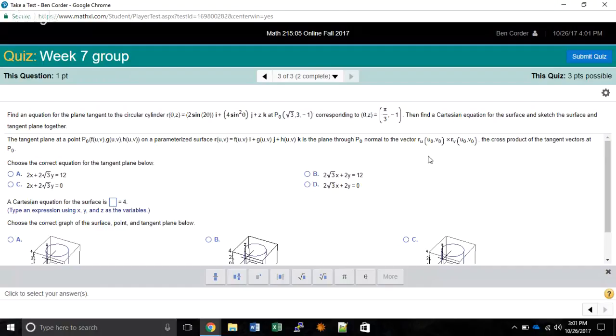But all I've done is taken the derivative and plugged the numbers in. Yeah. So far I've taken the cross product of R theta and RZ, and now I'm plugging in the thetas.